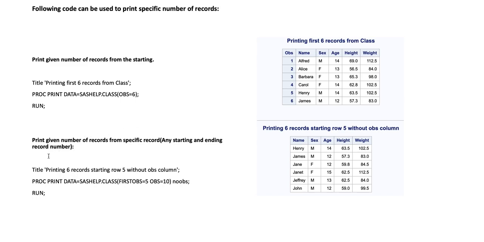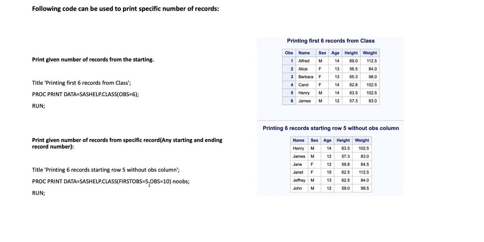Second option, to print a given number of records from a specific record, not from the start, with any starting and ending record number. At that time we can use the second code. The code is proc print data equals to sashelp.class. The same table we have used here. In the parenthesis, we use the first option, from where we have to start, obs equals to 5.